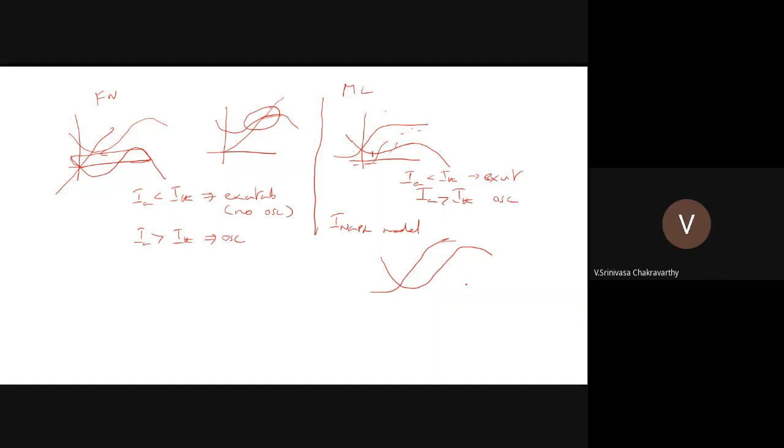You can say the same thing about INaP,K, and even if you look at Hodgkin-Huxley, this feature is common to all of them, even the first one, which is Hodgkin-Huxley. The main place of action is this part: whether the W null line intersects the V null line to the left of this point or to the right of this point. The whole thing is happening in this small zone.